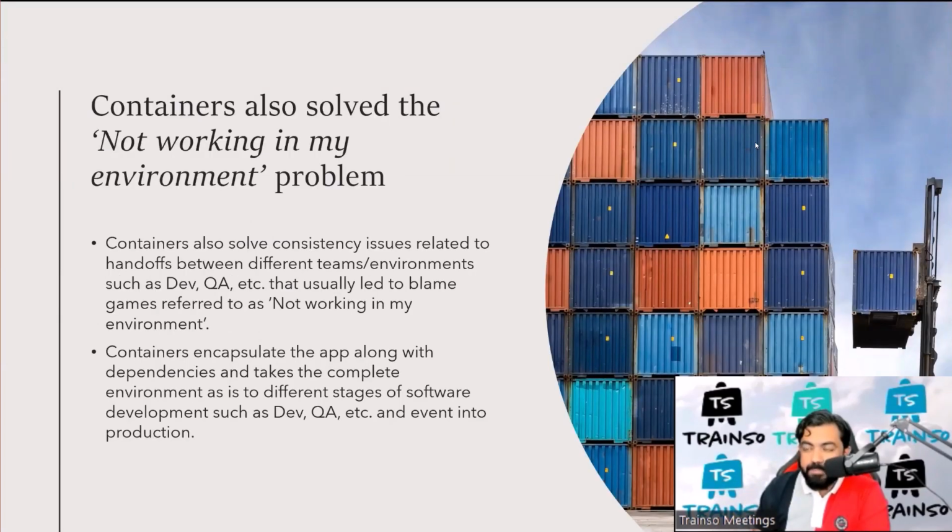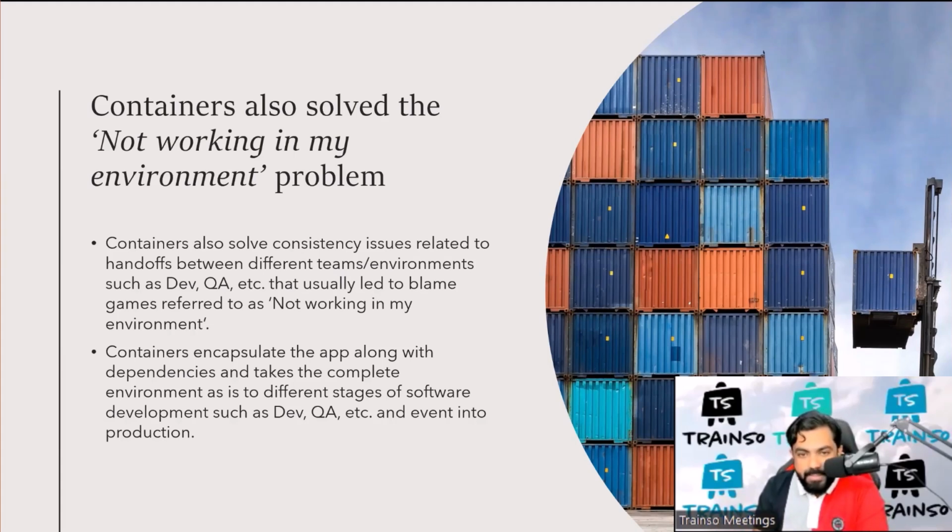So if you see this picture on the right, you see a lot of shipping containers, right? So imagine instead of using the shipping containers, putting all these things together into a particular ship, it will be complete chaos, right? Whenever they want to take things out. Categorizing and then putting things into different containers can help your shipping management company effectively transport things.